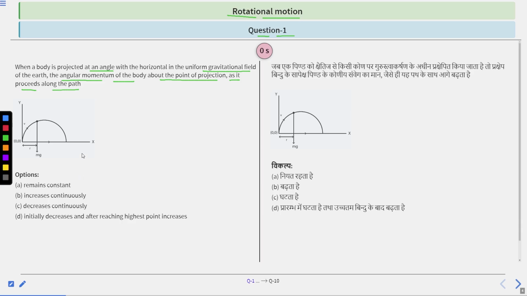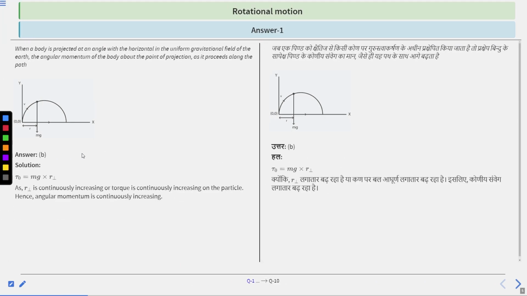Let's find the solution. So we know tau equals r cross mg. This is the formula where tau is the torque, m is the mass, g is the acceleration due to gravity, and r is the position vector. So r perpendicular is continuously increasing, or torque is continuously increasing on the particle.